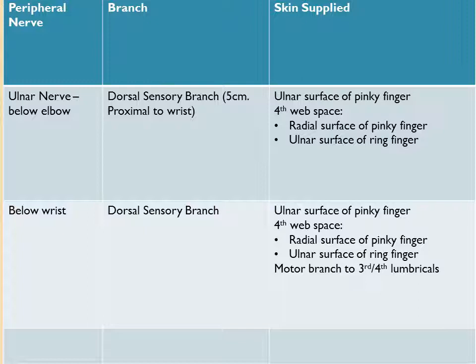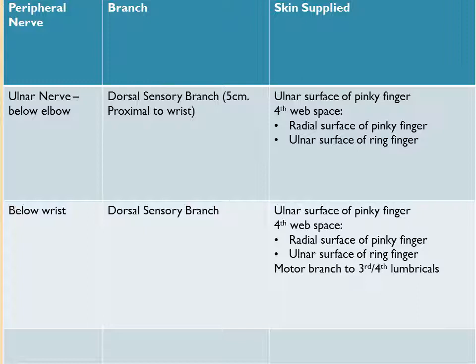And the dorsal sensory branch provides sensation to the ulnar surface of the pinky finger, and then also to the 4th web space, which includes the radial surface of the pinky finger and the ulnar surface of the ring finger.